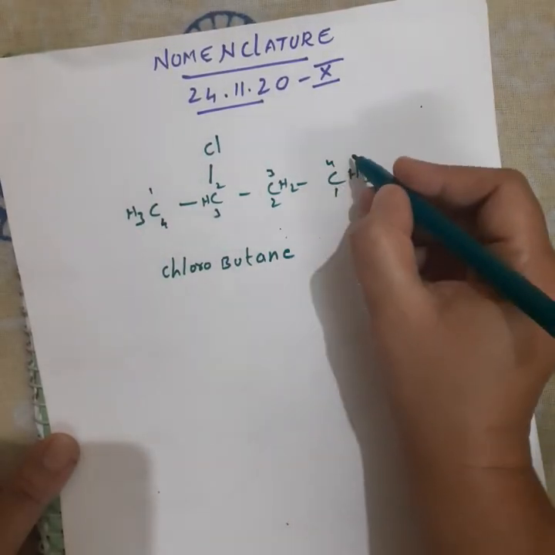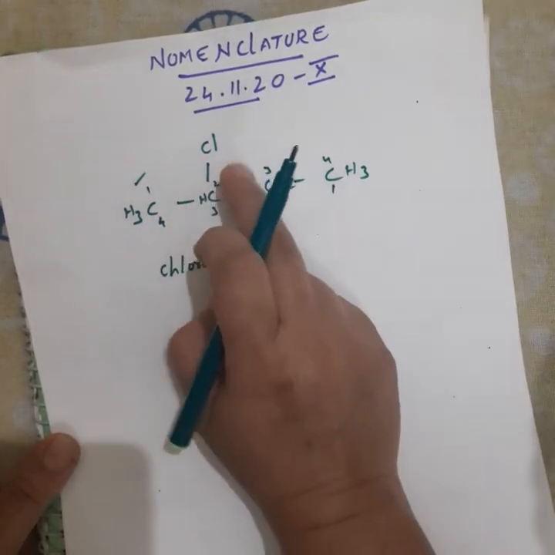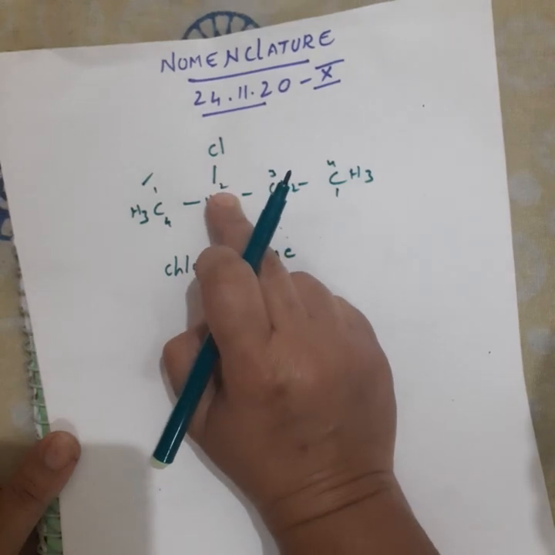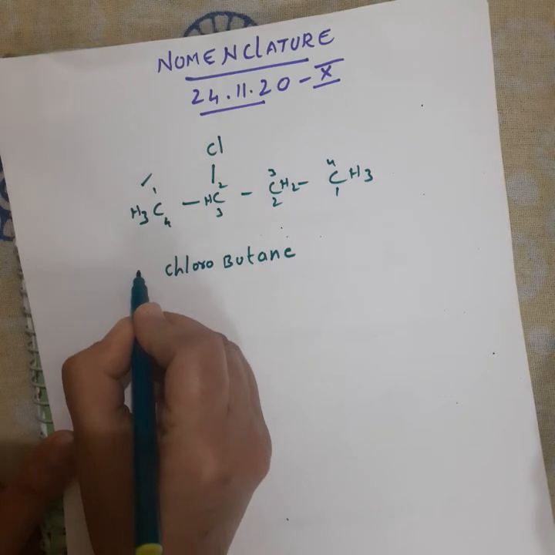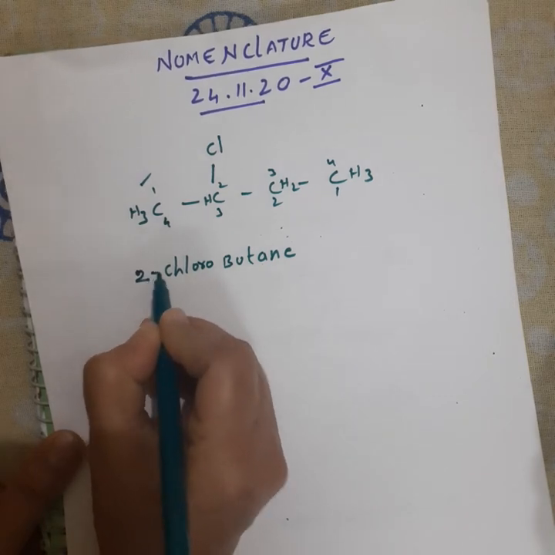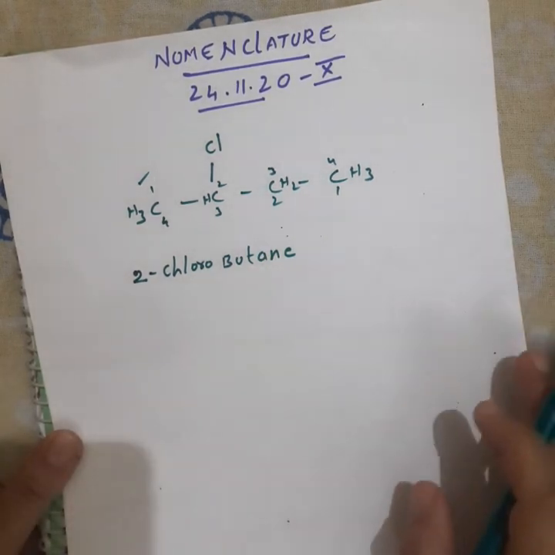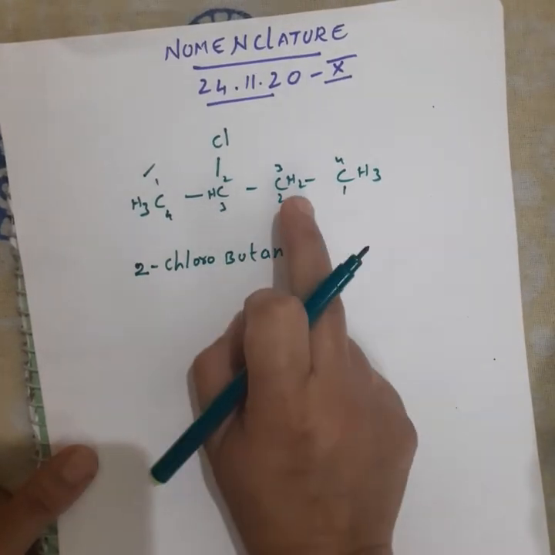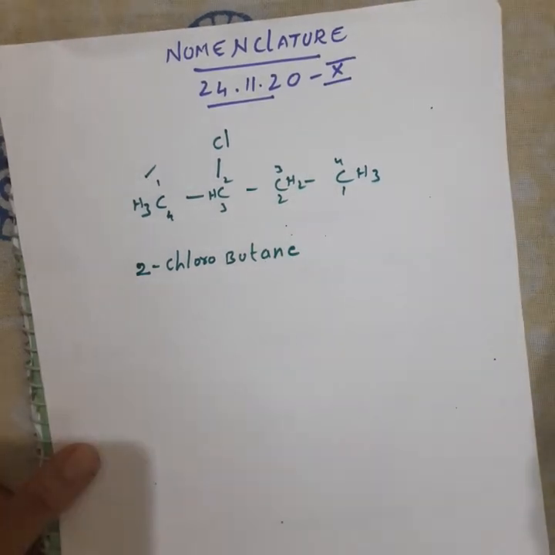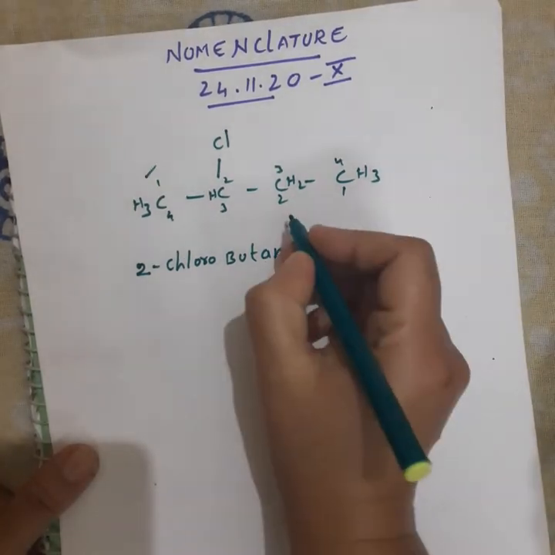So which one would be preferable? The numbering where the halo group gets the least value, that is 2. So the number should again be added as a prefix. So 2-chlorobutane.